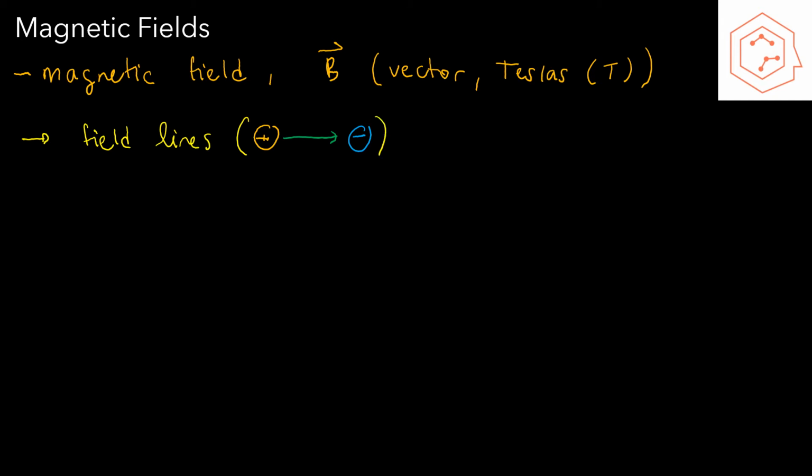Now, in the case of magnetic fields, we don't really have field lines, but rather we have field loops.